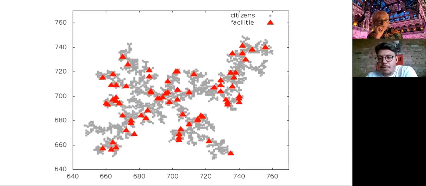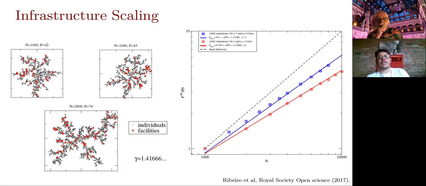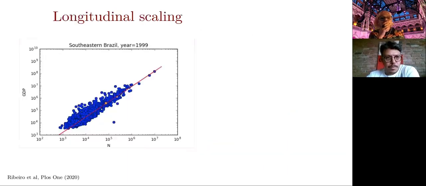If you do the same simulation for different city sizes, you can see that when you increase the size of the population, you decrease the per capita number of amenities. The gamma that measures the interaction range also plays a very important role here in the economy of scale in this model.